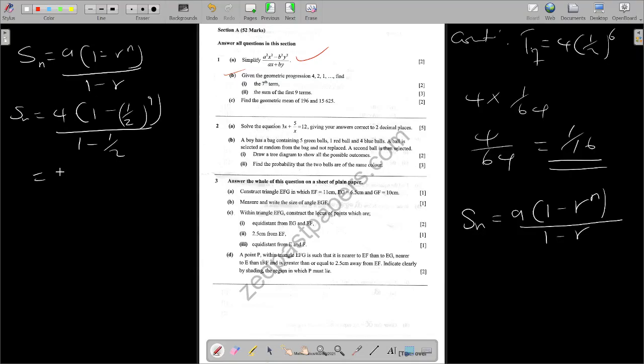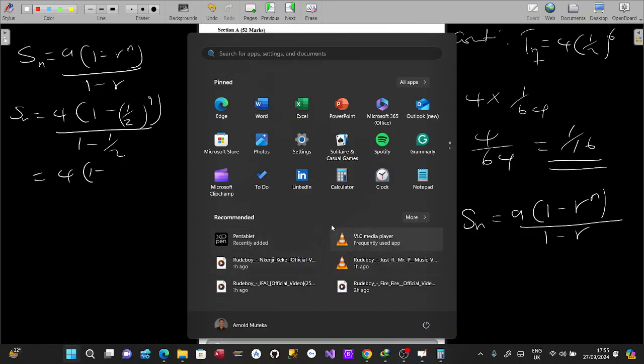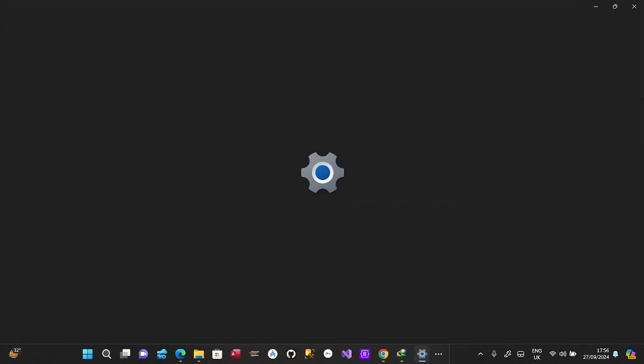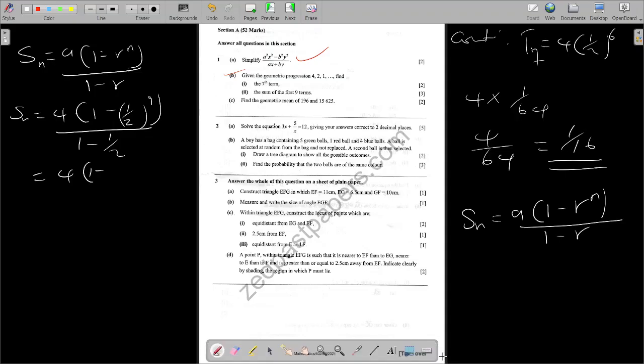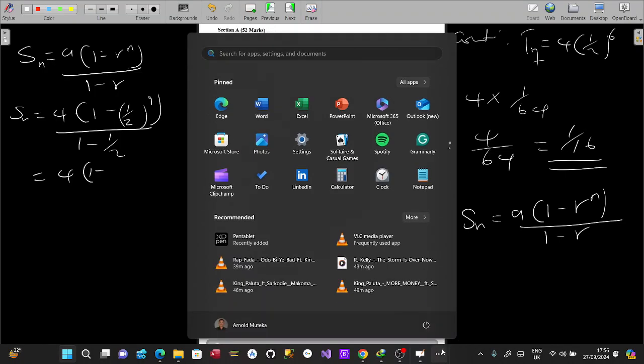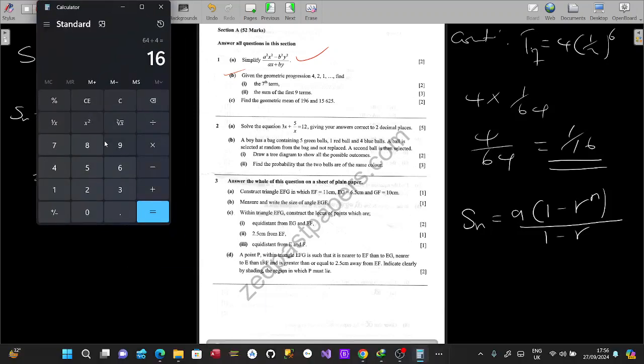Then this will have 4 open bracket 1 minus, and then once we raise this to the power, we multiply 2 by itself 9 times.